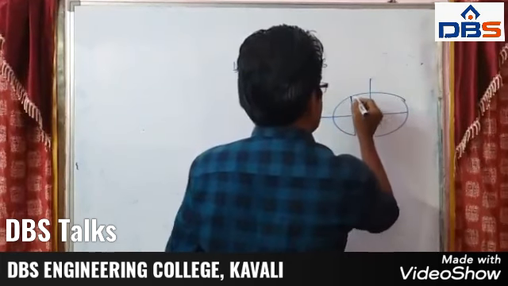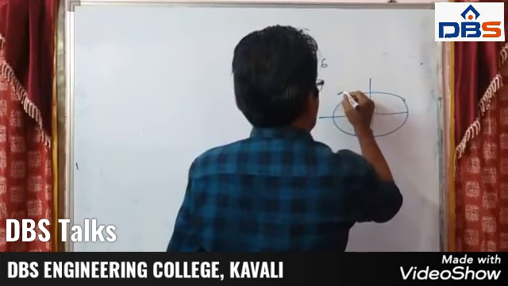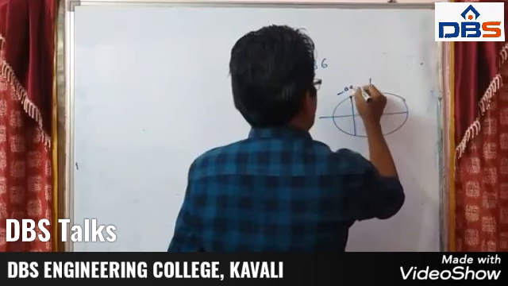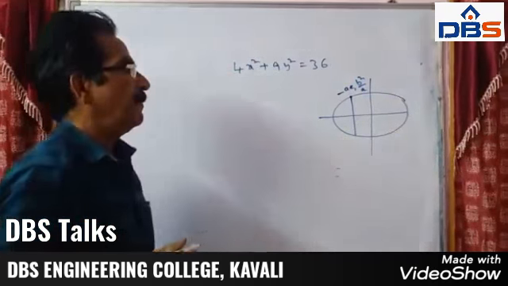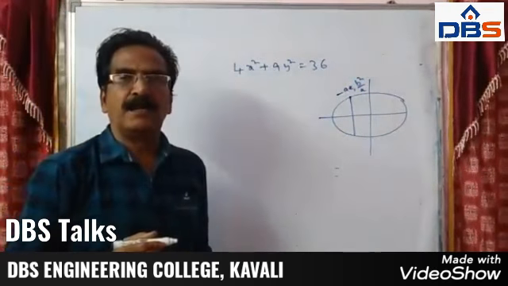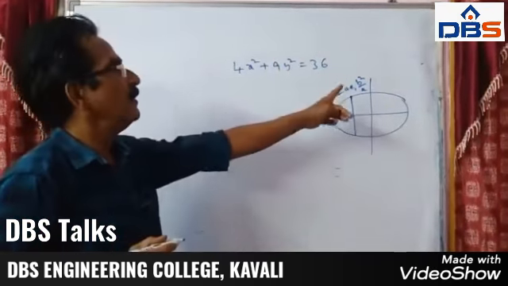This is the second quadrant latus rectum: minus ae comma b square by a.